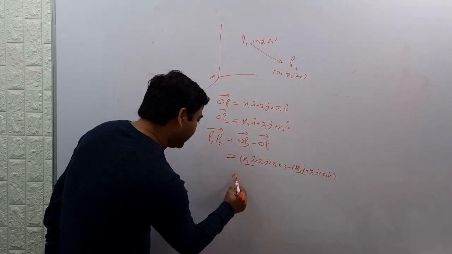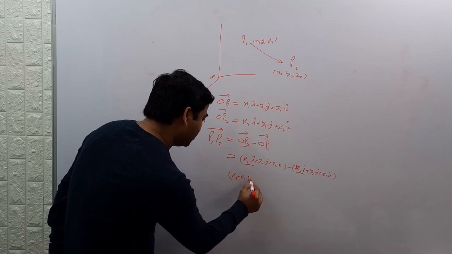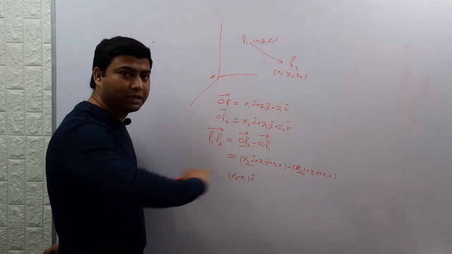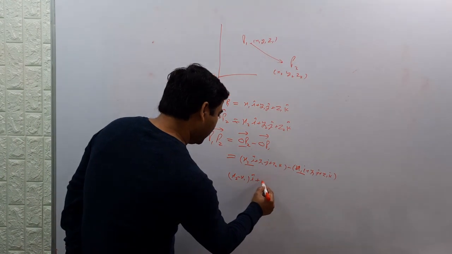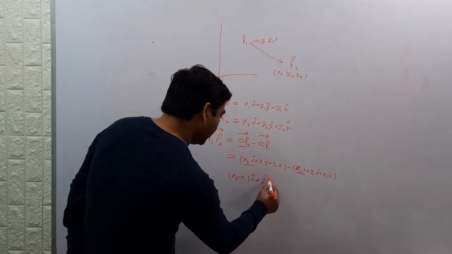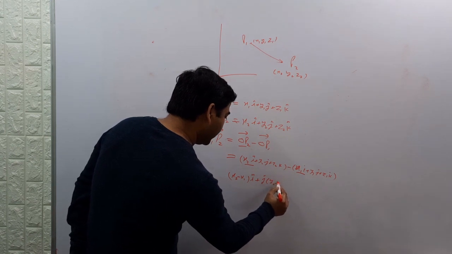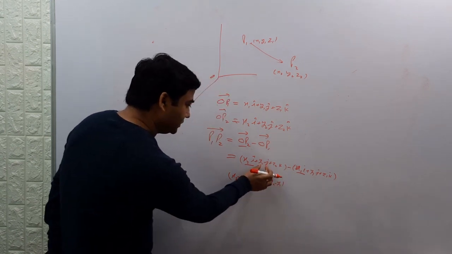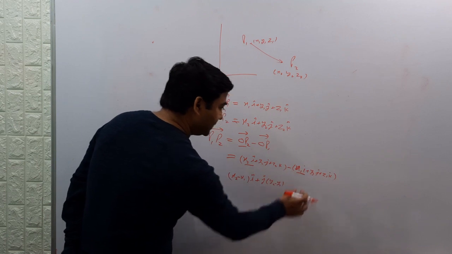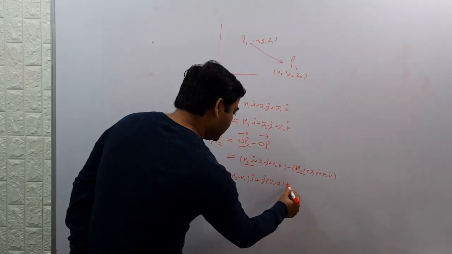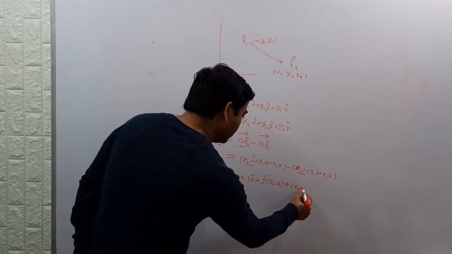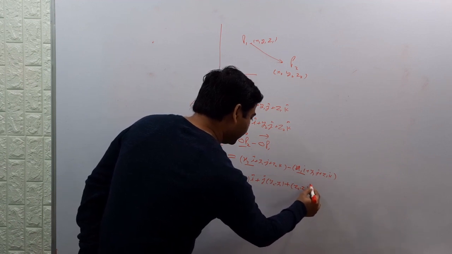So it can be written as x2 minus x1 times i, because these are collinear vectors, they can be added algebraically. Similarly, j: y2 minus y1, since y2j and y1j are collinear vectors, they can be added algebraically. Similarly, z2 minus z1 times k.